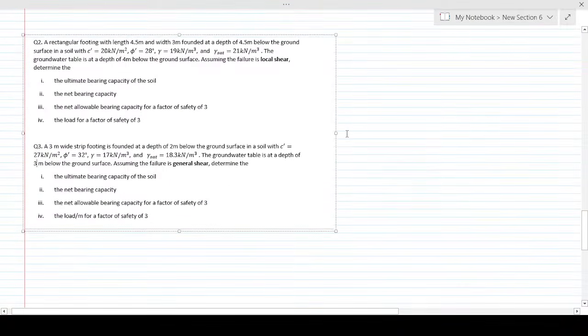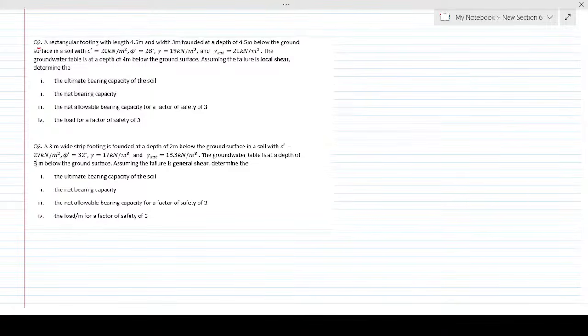I'll do this one, the rectangular footing, then you will go and do the second question beneath it. This is a local shear question. So first of all, I need to draw the foundation and parameters.